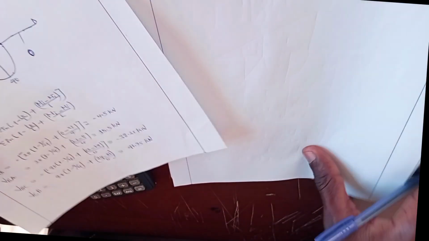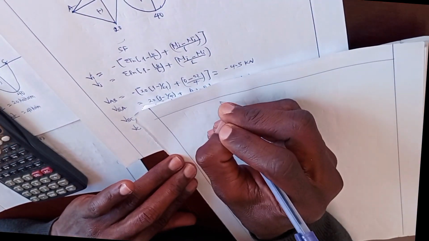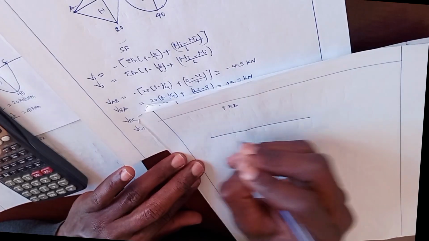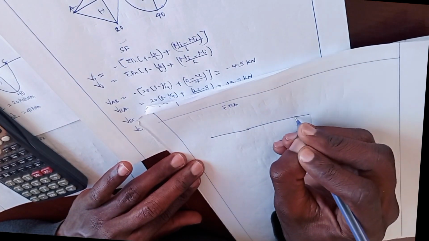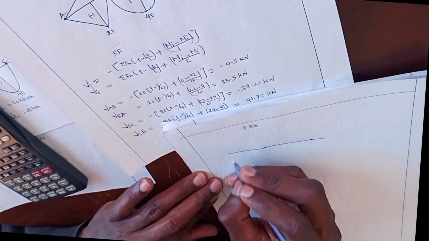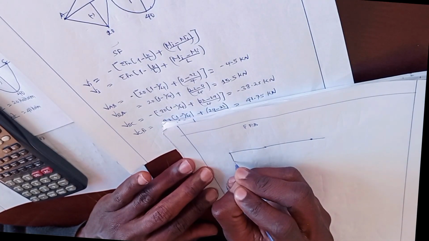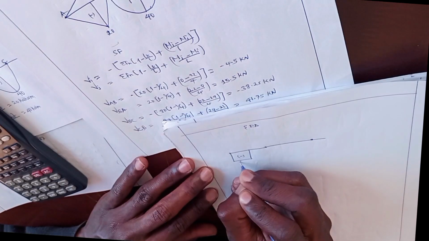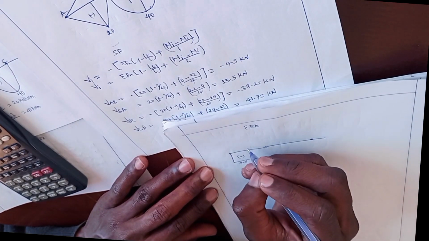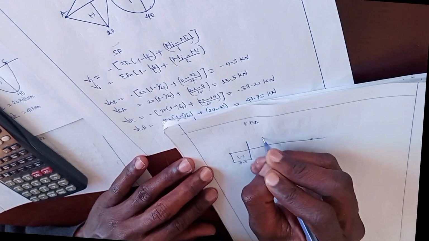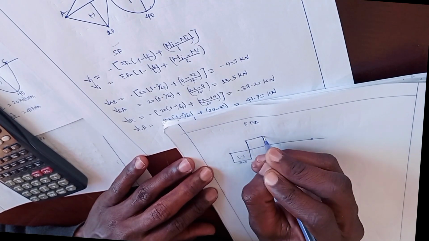Now, how to draw shear force diagram. Shear force diagram of the beam system. This is point A, point B, point C. Shear force diagram for AB, since it's point load, it will be in this way, negative 4.5. For VBA, positive, it will be in this way. This is shear force diagram since member AB has point load.